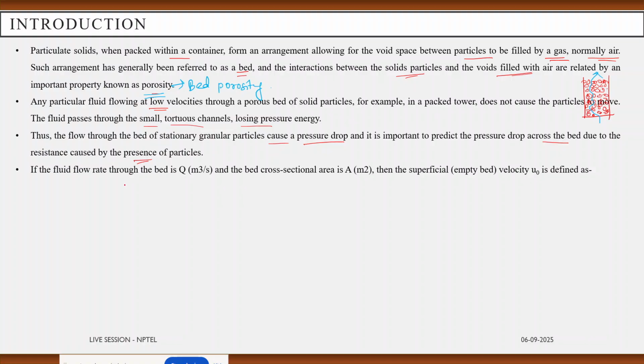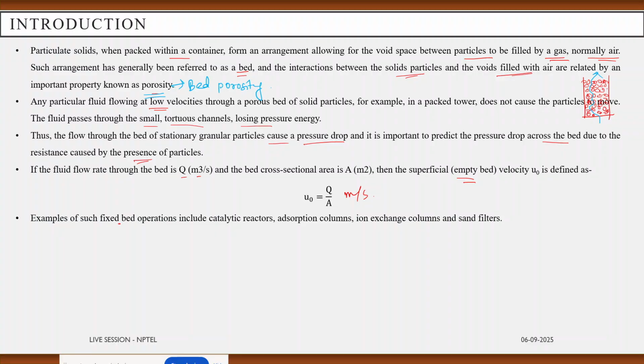If the fluid flow rate in the bed is Q, that is volumetric flow rate in meter cube per second, and the bed cross-sectional area is capital A, in meter square, then the superficial velocity, which is also known as empty bed velocity, U naught, is defined as U naught equals Q by A, in meter per second.